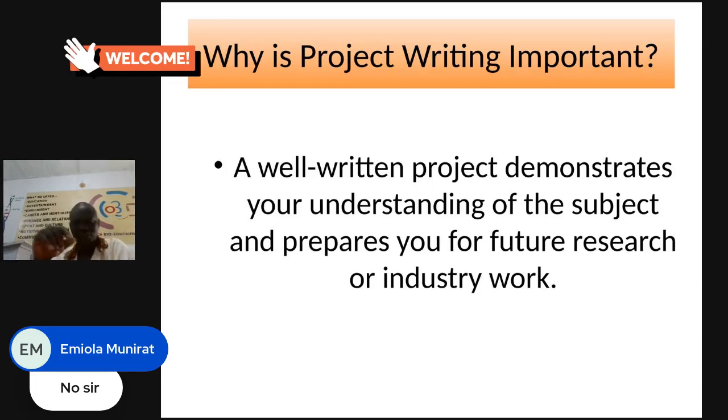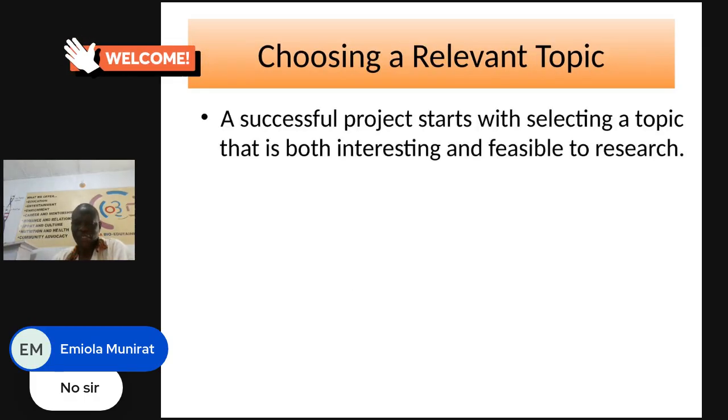If you're in biology, you have to demonstrate that you really understand biology very well. That's why you must make sure that whichever area you are going to focus on is going to further improve your understanding of that subject.